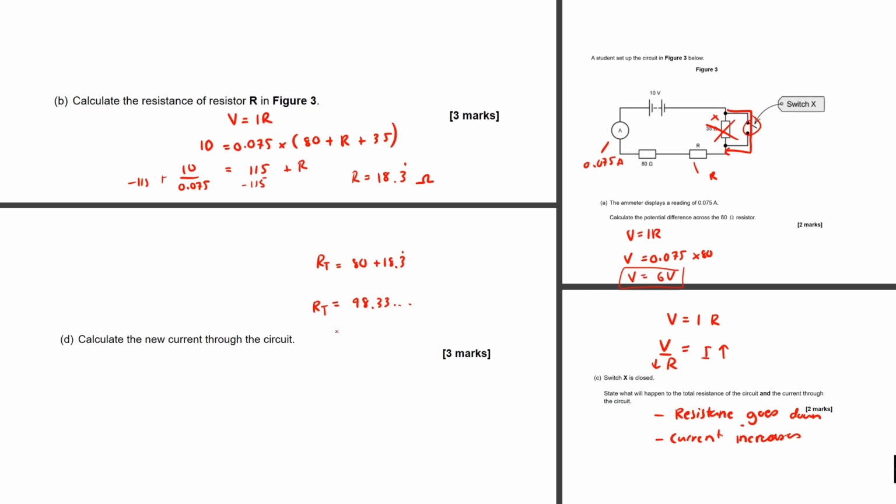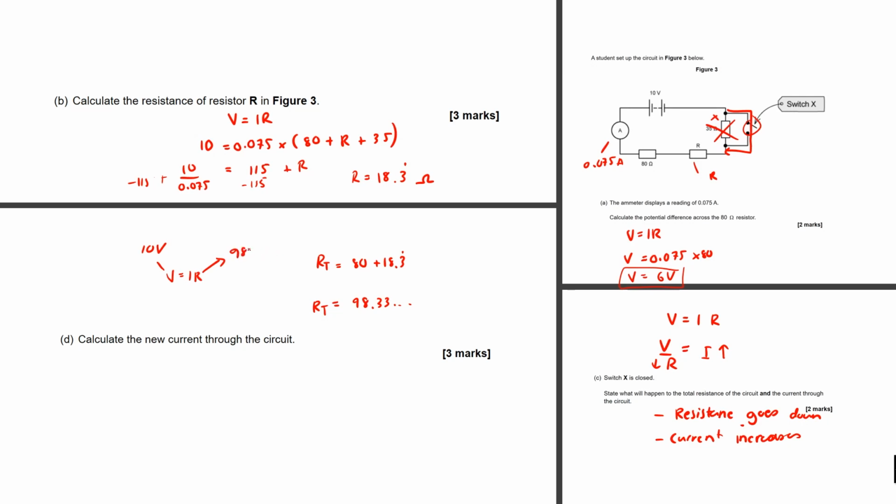So using V equals IR, we've got the total V, the potential difference, which is still 10 volts. We're going to find out what the current is going to be.